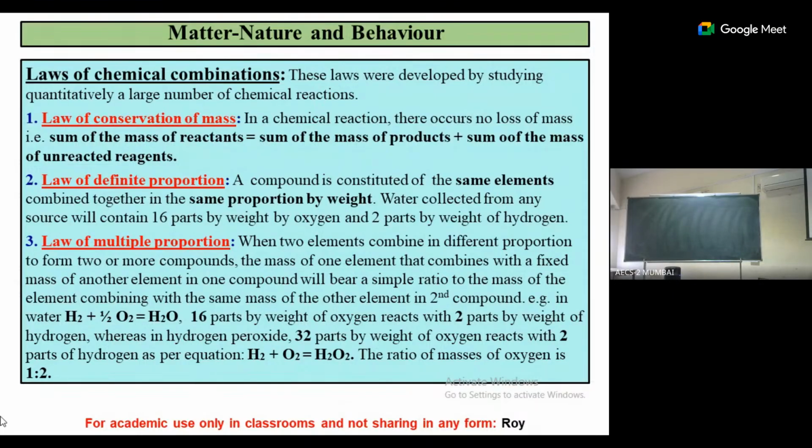So 16 and 32 have a simple whole number ratio. So the ratio of the masses of oxygen in these two compounds which react with a fixed mass, what is the fixed mass? 2 mass of hydrogen. In these two compounds, we have a simple ratio of 1:2. So law of multiple proportion, did you understand?